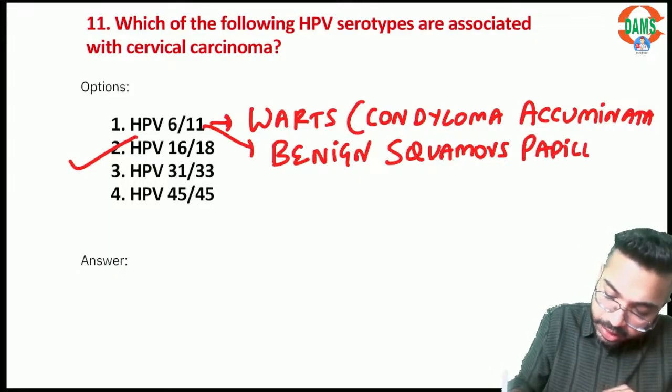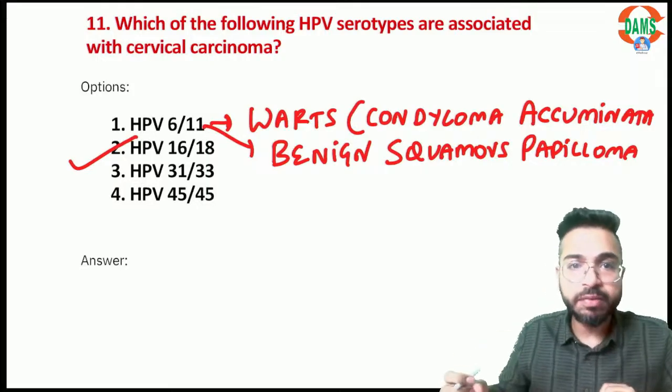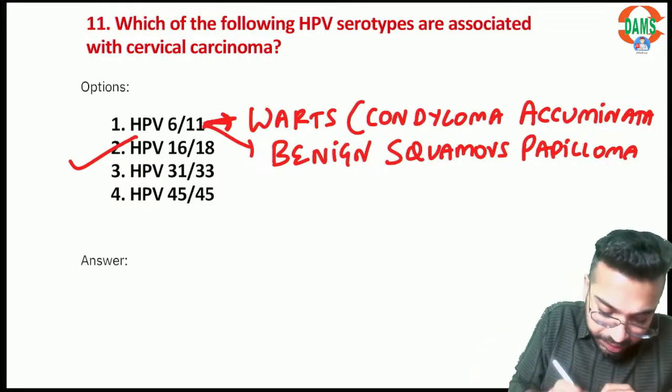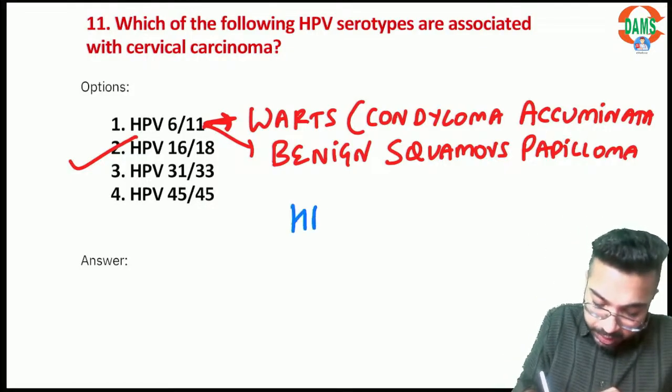So for next year, remember, warts and benign squamous papillomas are a part of HPV 6 and 11, whereas 16 and 18 cause carcinoma. Two things they will keep on asking about HPV.